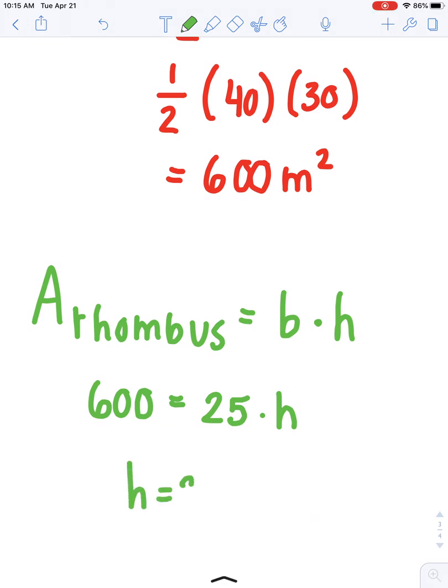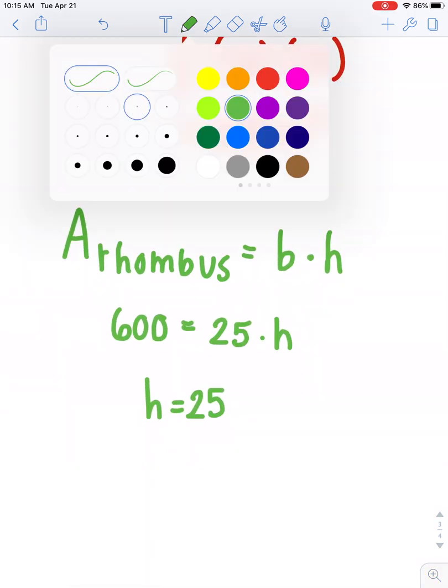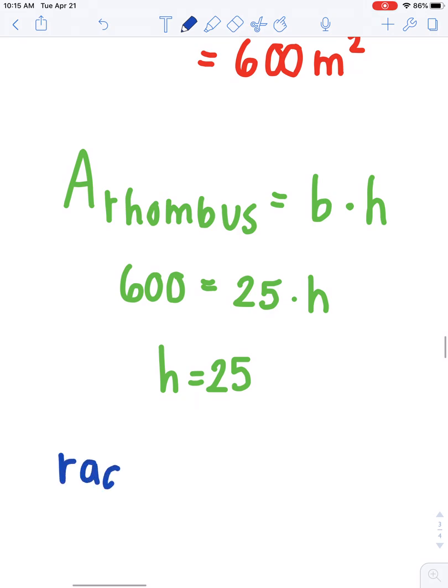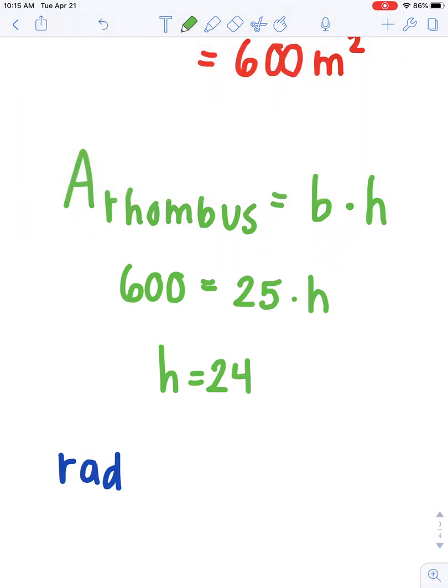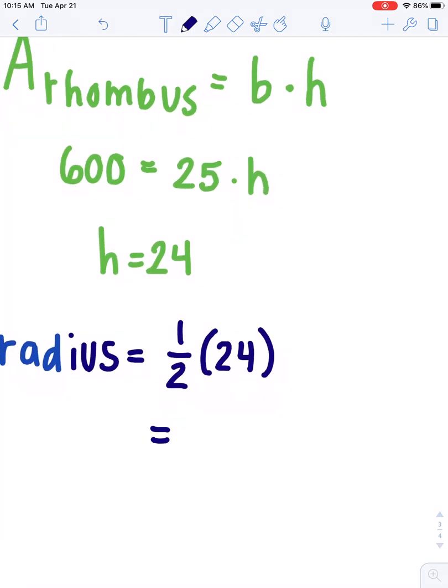After simplifying, we get a height of 25, I'm sorry, not 25, it should be 24, meaning that the radius of this circle is going to be 1/2 times 24, making the radius 12 meters.